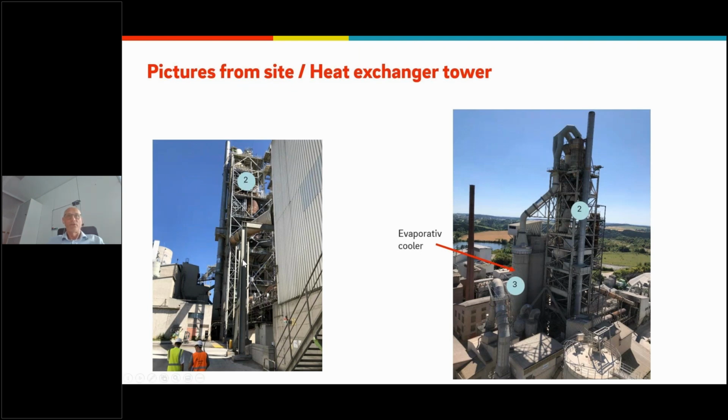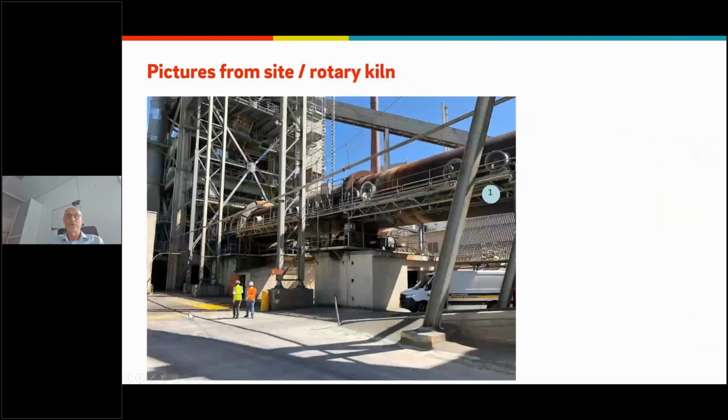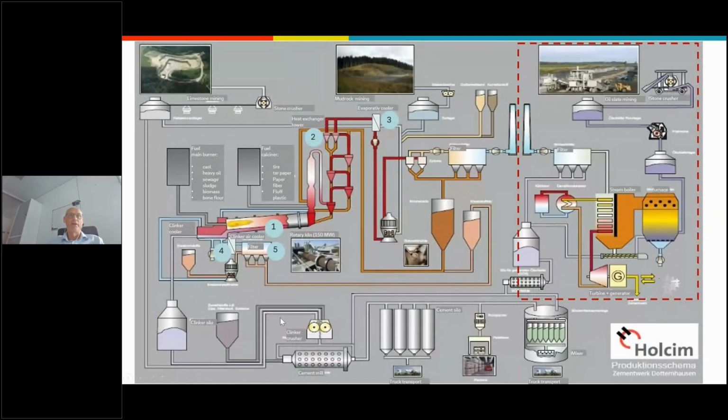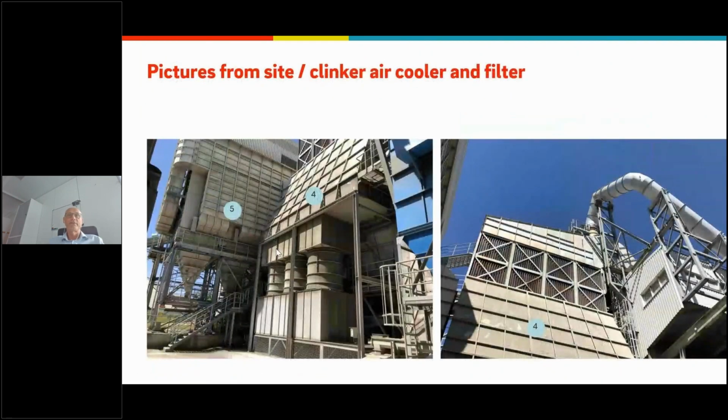This is important to go later through the filter. This is another picture from the other side. In the next picture, you see the number 4. This is the side from the air side. We are now here on the air side. So there is a clinker air cooler and the filter number 4 and number 5. Number 4 is this here. Here's the air on the right side.